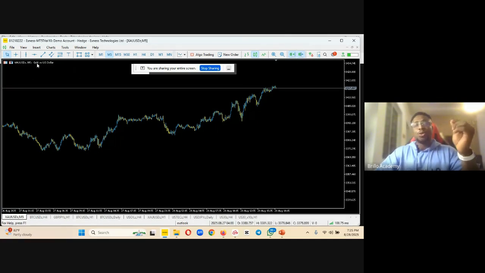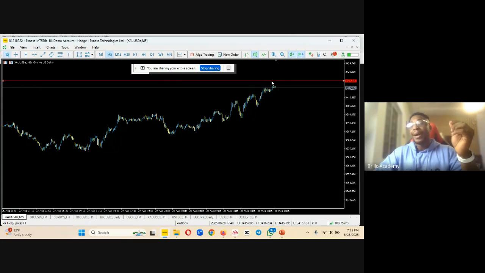So what I'm going to do, I will take my horizontal line tool and I will fix it where I want to set my buy stop. If I decide to buy from this zone, it's known as market execution. But what I want is I need the market to get to this red zone for me to start buying.